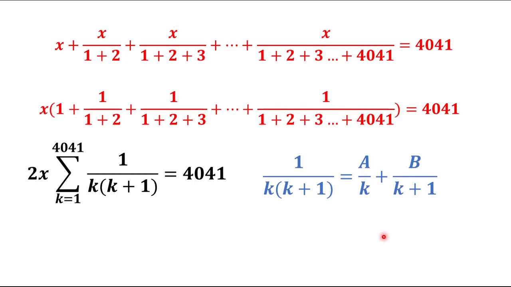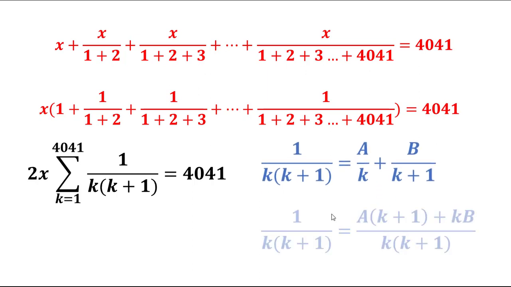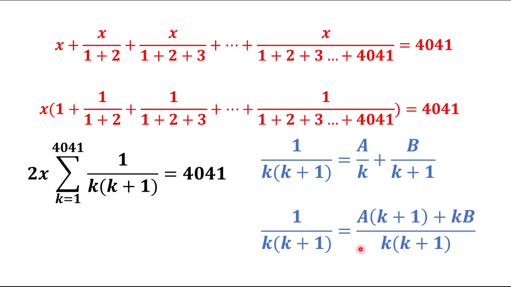To determine a and b, we add the expression on the right hand side. We need a common denominator. The common denominator is equal to k times k plus 1. And we need to multiply a by k plus 1 and multiply b by k. So we're going to get this expression. Now we can multiply both sides of this equation by k times k plus 1.